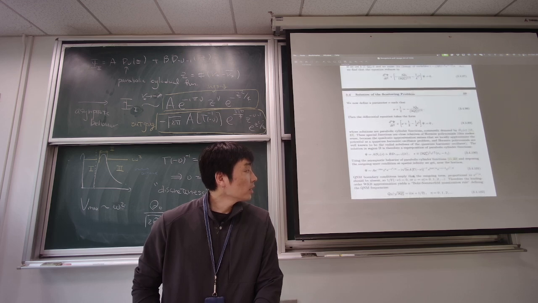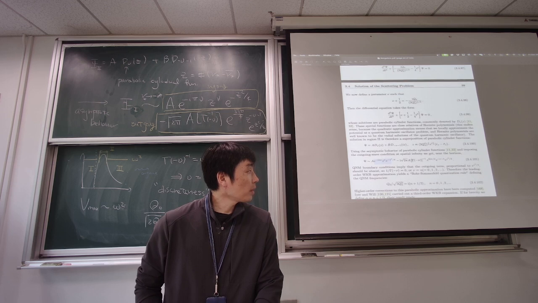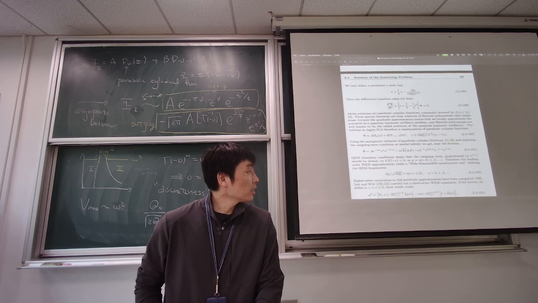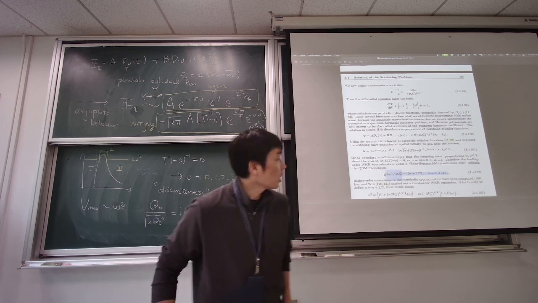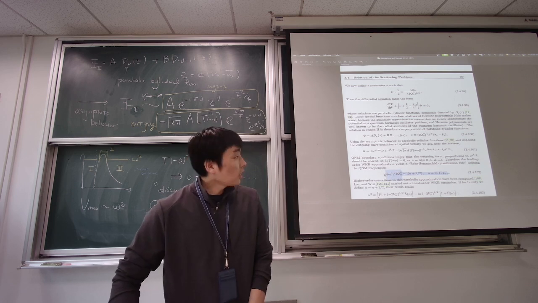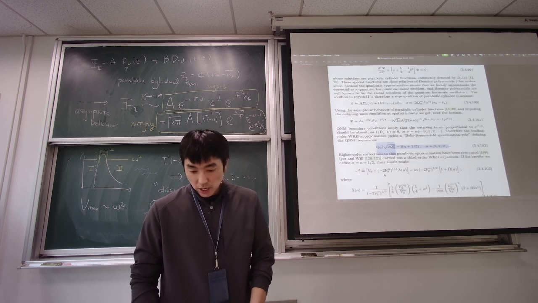If you go to region 1, near the horizon, you have to throw away this outgoing mode to have only the ingoing mode, so that this factor should vanish, so that the gamma function requires that nu has to be a non-negative integer. That will give you the Bohr-Sommerfeld quantization rule. I hope you guys can see that.